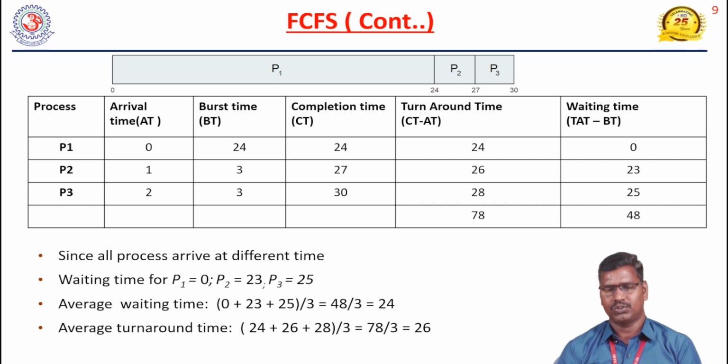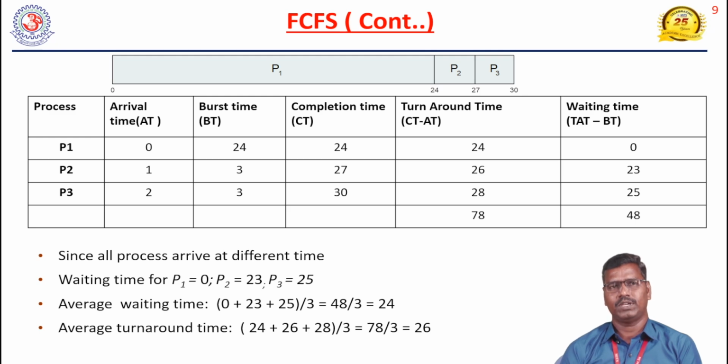Now we are able to find the turnaround time. As usual, the formula is completion time minus arrival time. Here the completion time for P1 is 24, the arrival time is 0, so 24 minus 0 is 24. Next, for P2, the completion time is 27 and the arrival time is 1 millisecond, so 27 minus 1 is 26.